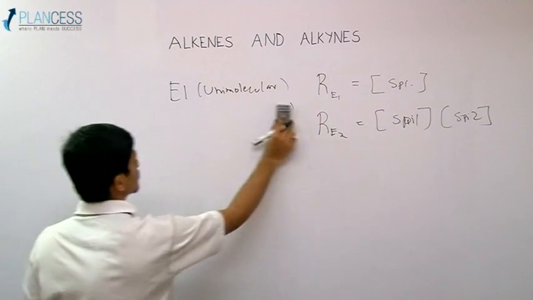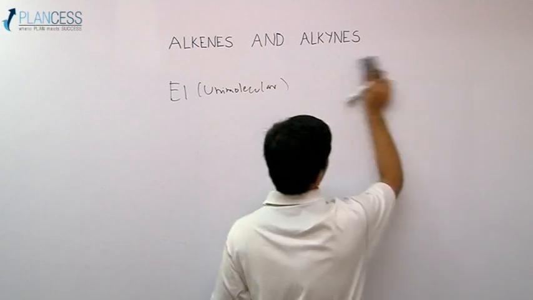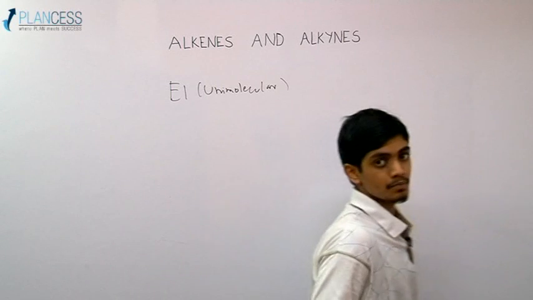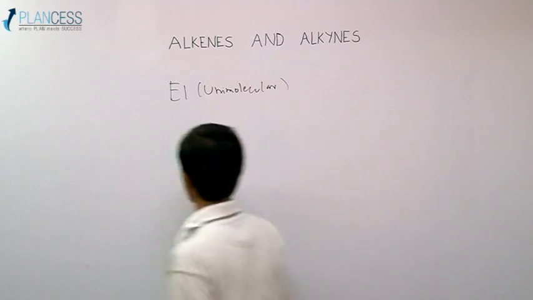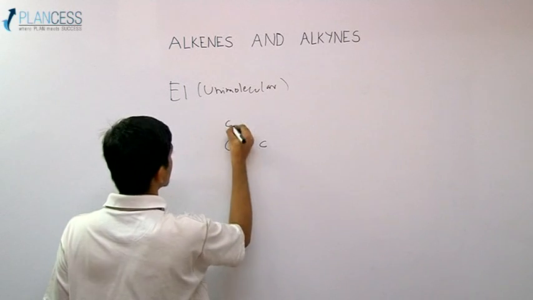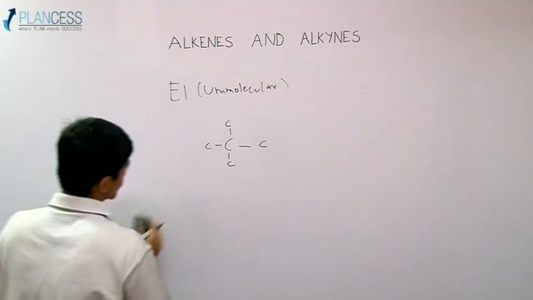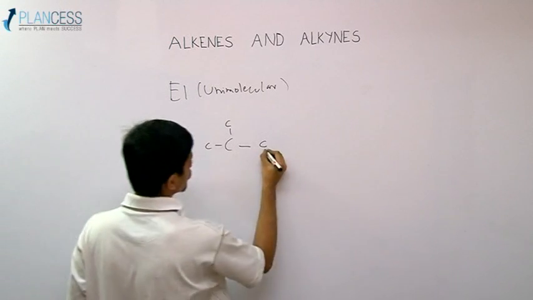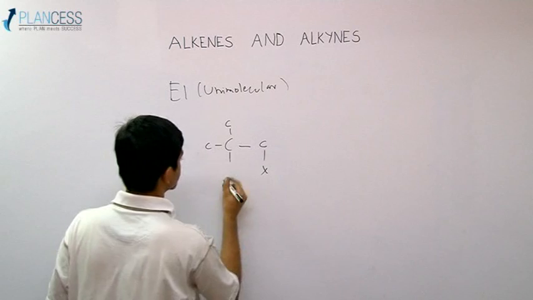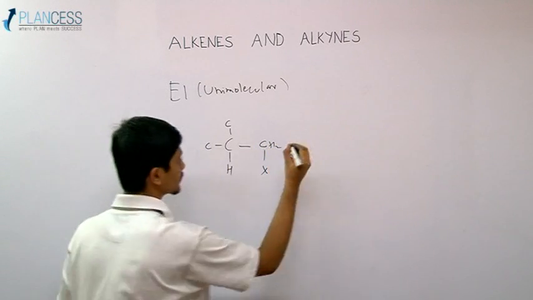So let us start with the E1 mechanism. Now the E1 mechanism is a two-step reaction, and out of the two steps, one is the rate determining step, or the slowest step. Suppose we have one halide which looks like this, or we can just remove this carbon for a while. We have X and we have H, and this has got two hydrogens, no need to mention.